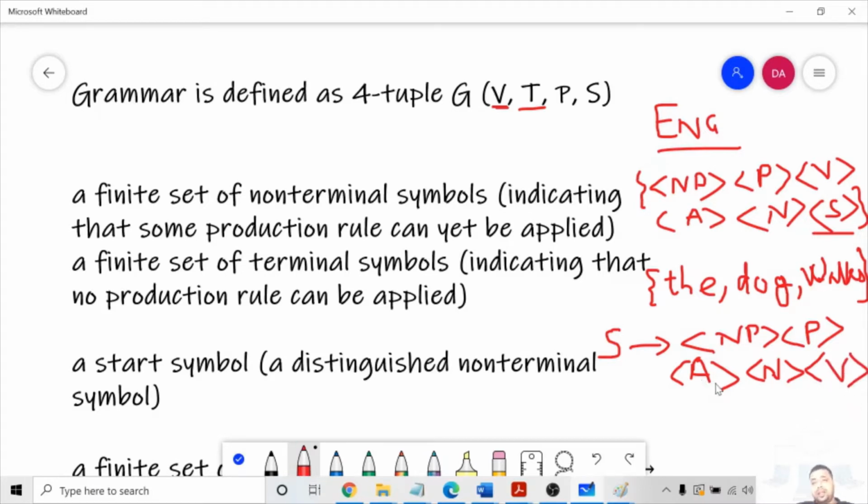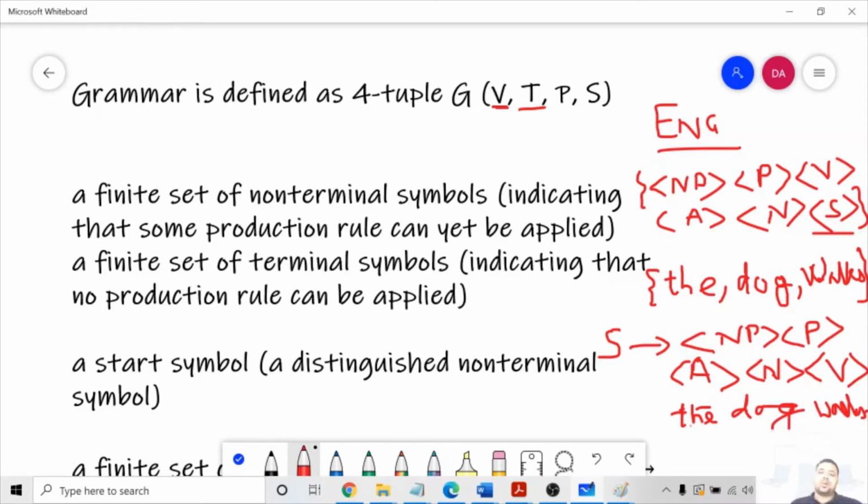So if you substitute the terminals for these non-terminals, say for article, if it is the, okay, and for noun, say this is dog, and then walks. Okay, so in this way we can generate a statement.